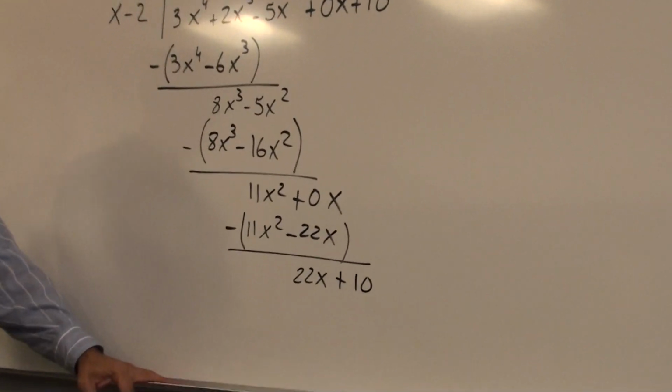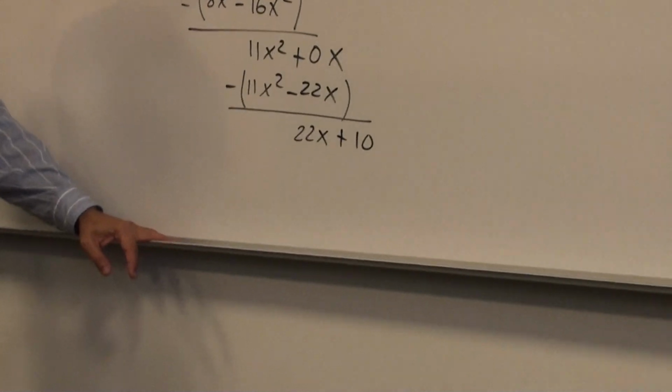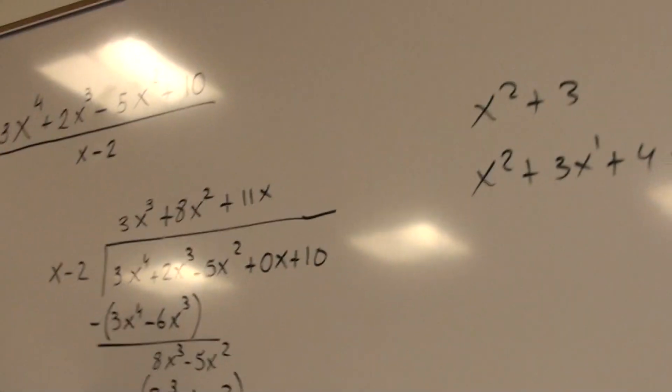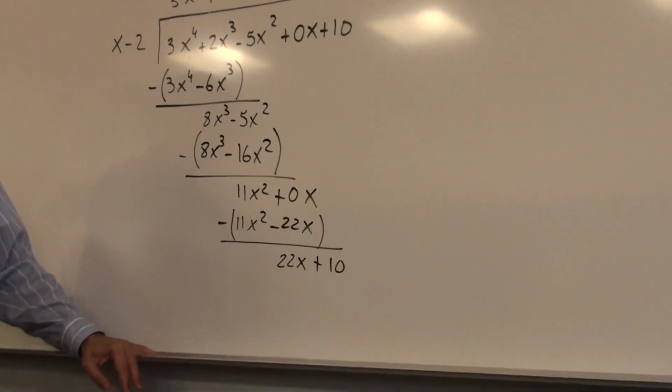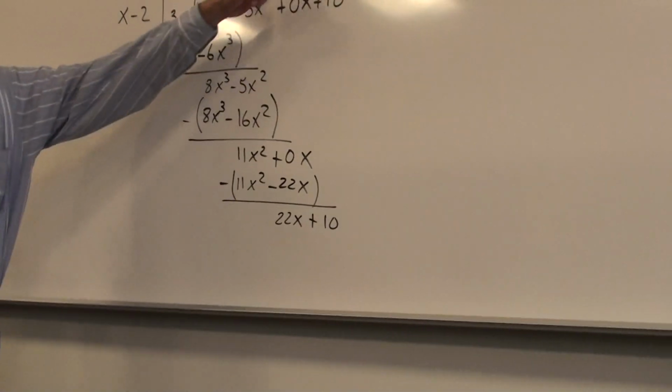And what is the next step? So why did it become positive? Oh wait, I see. Yeah, because this negative became positive. So what is the next term here now?